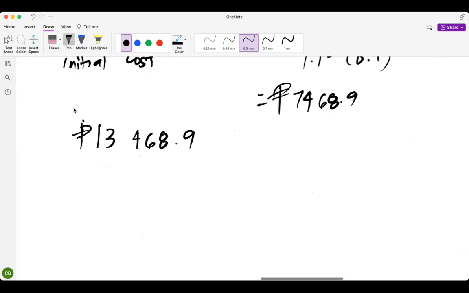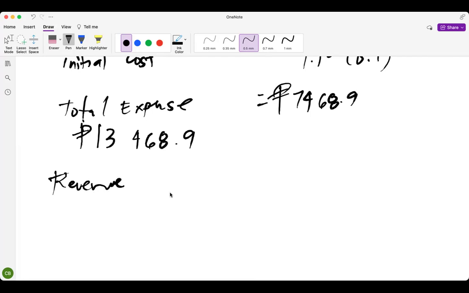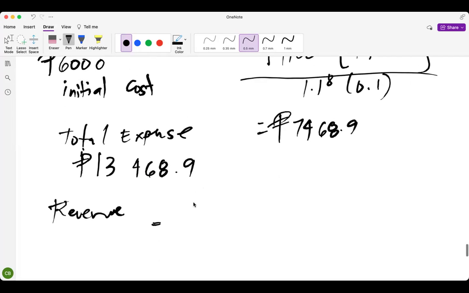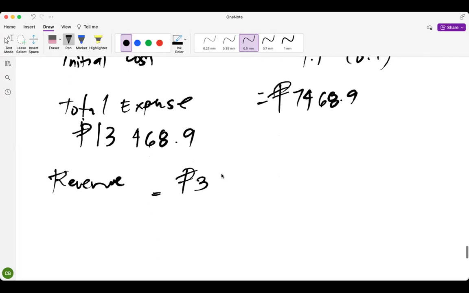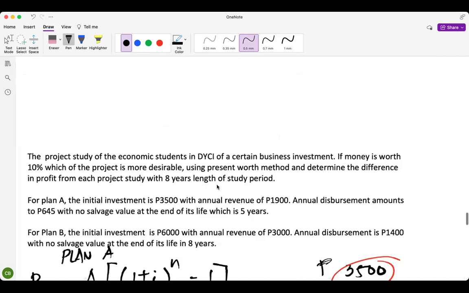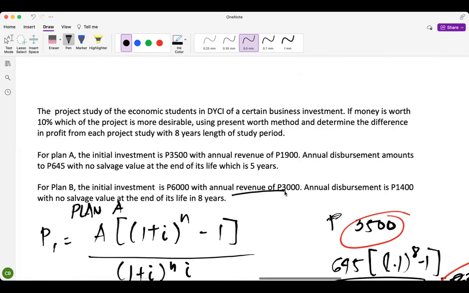So the revenue for plan B. You'll have 3,000 pesos of the annual revenue there.